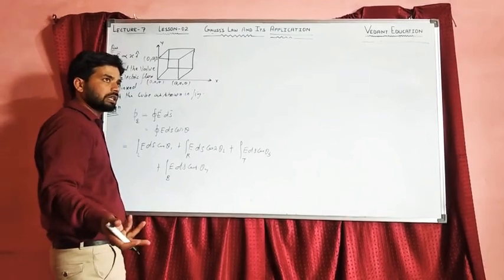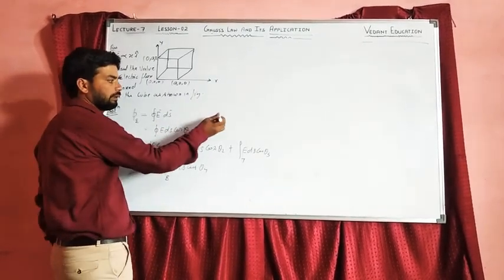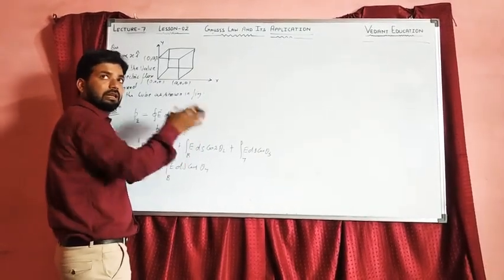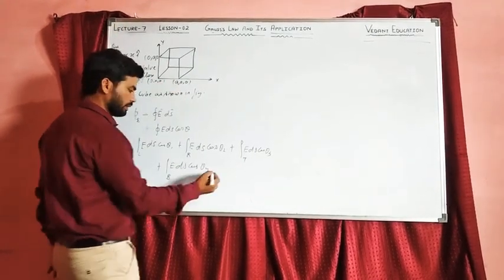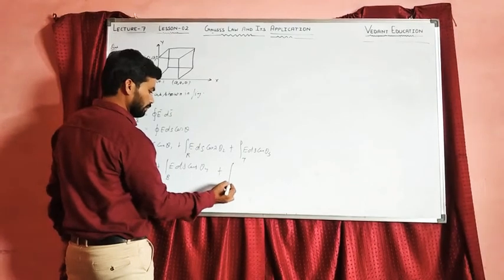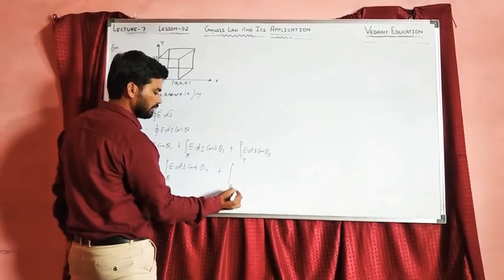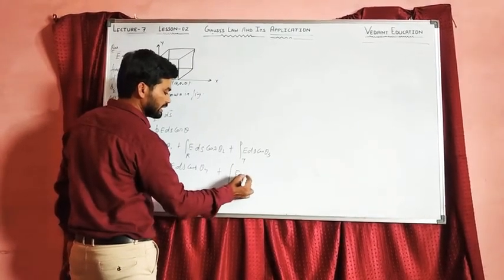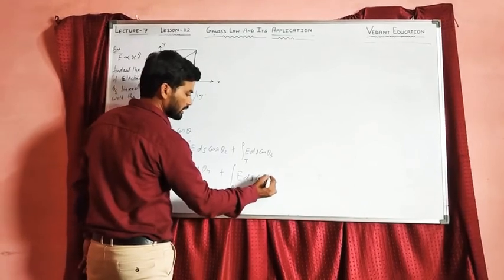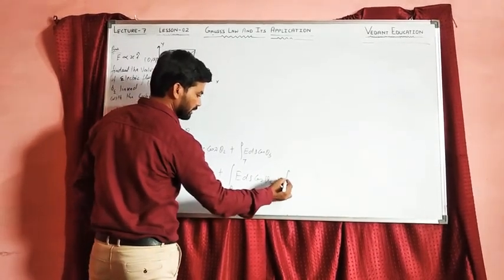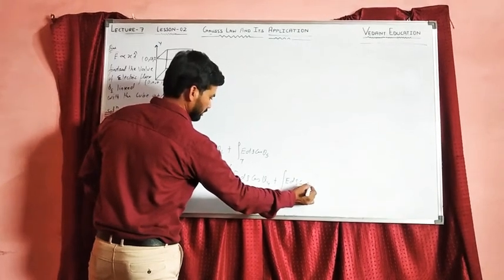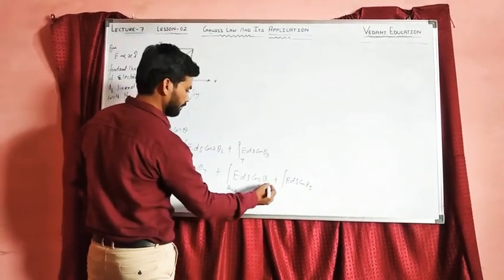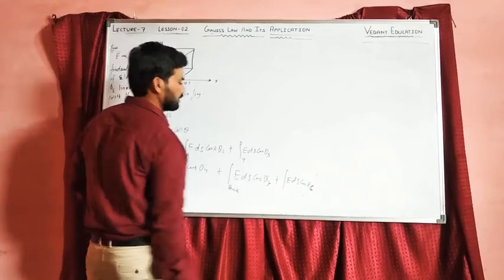Now 2 faces remain, the back face and the front face: E ds cos theta 5 plus E ds cos theta 6.